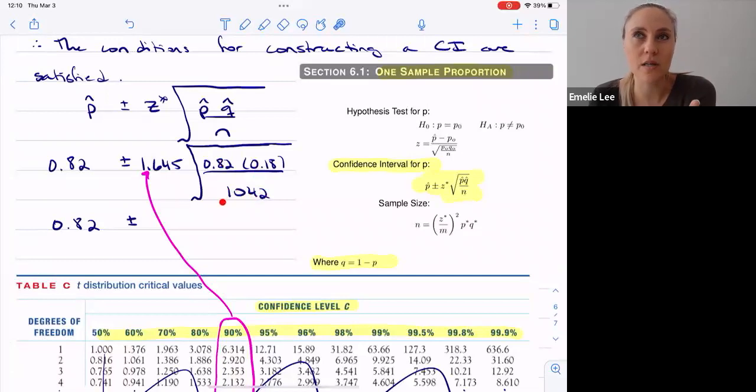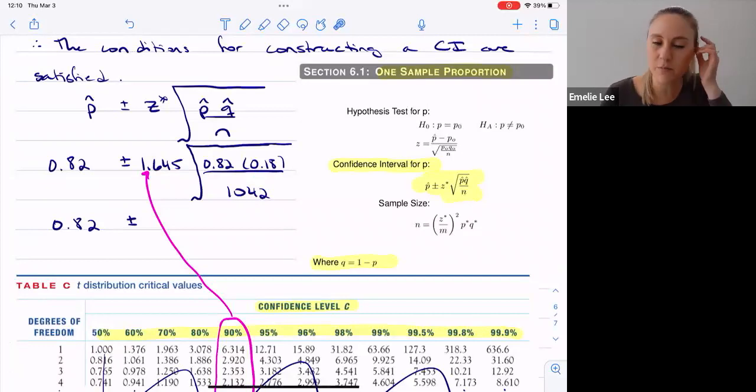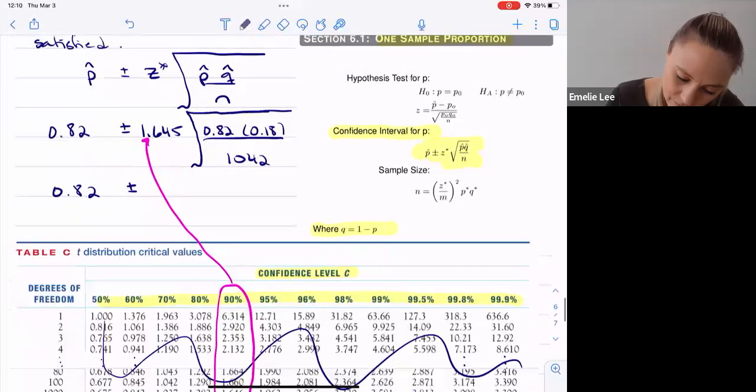Usually I take a pause there and jot down what that number is, or if you prefer, you can just go straight through and find the value. Because we're just multiplying and dividing, as long as you do inside the square root first, the order doesn't matter.